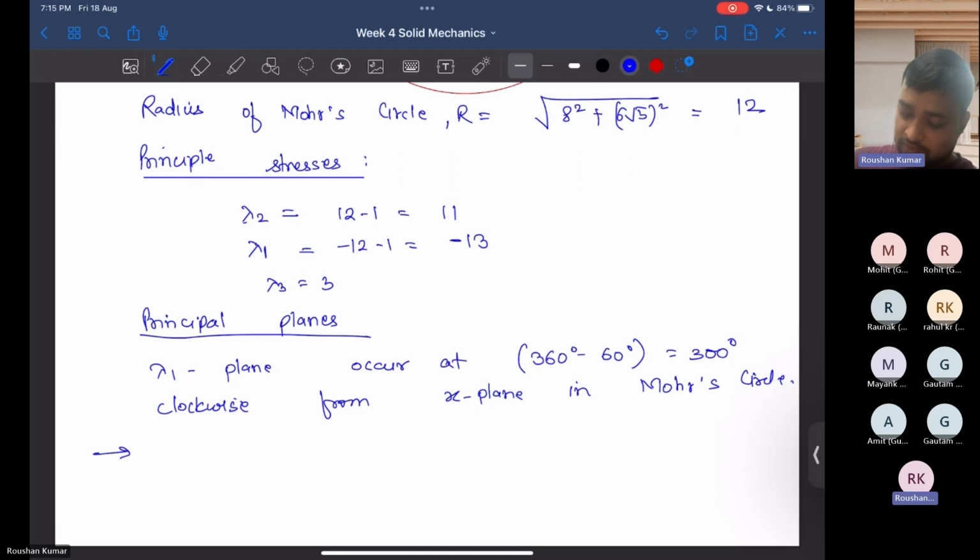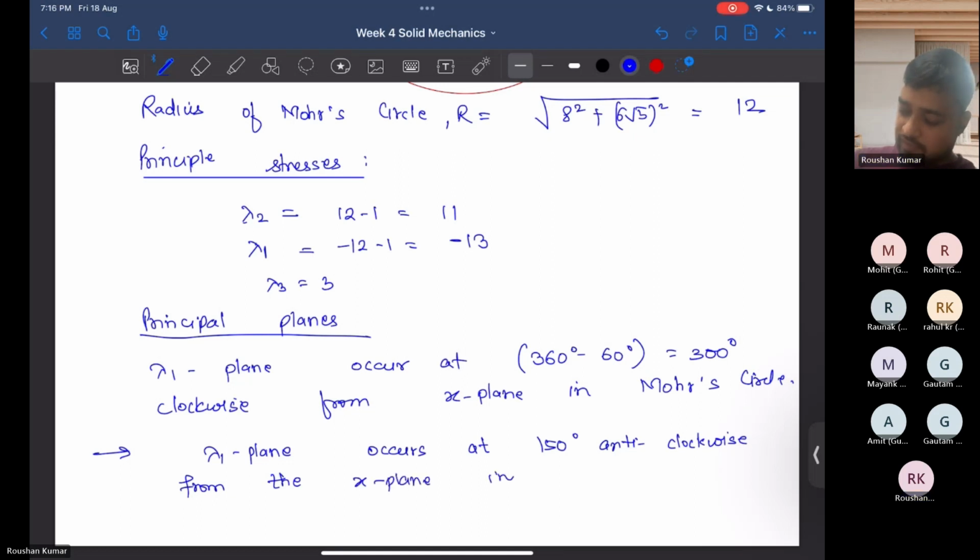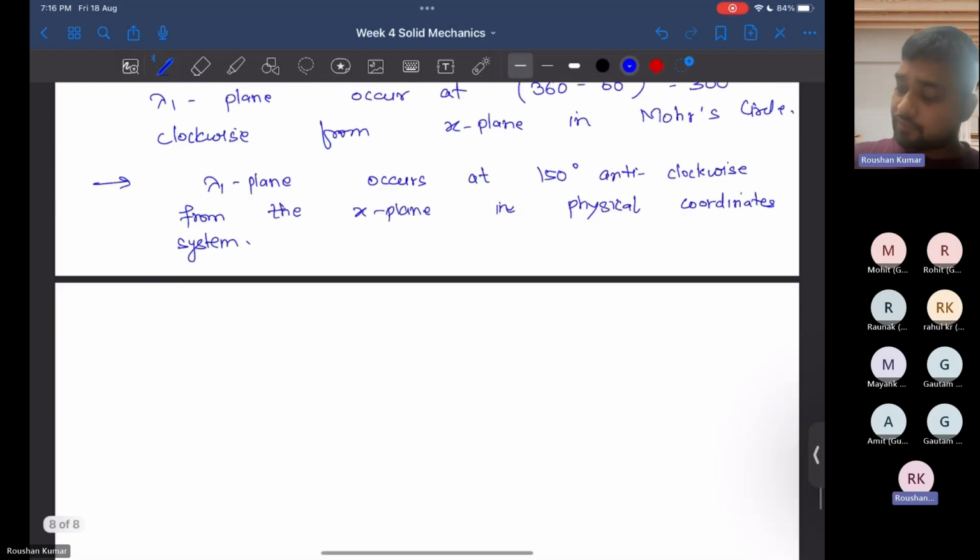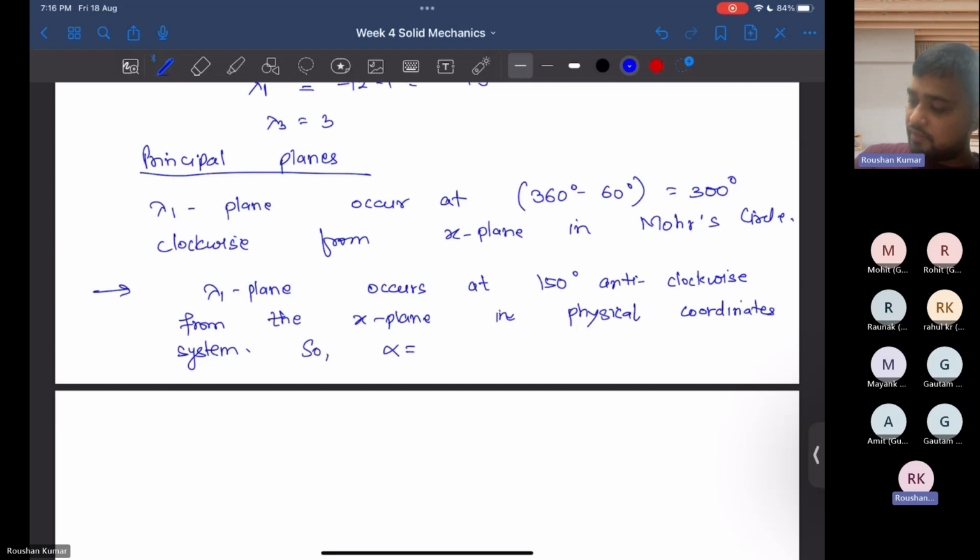So the lambda 1 plane occurs at 150 degree anti-clockwise from the x plane in the physical coordinate system.